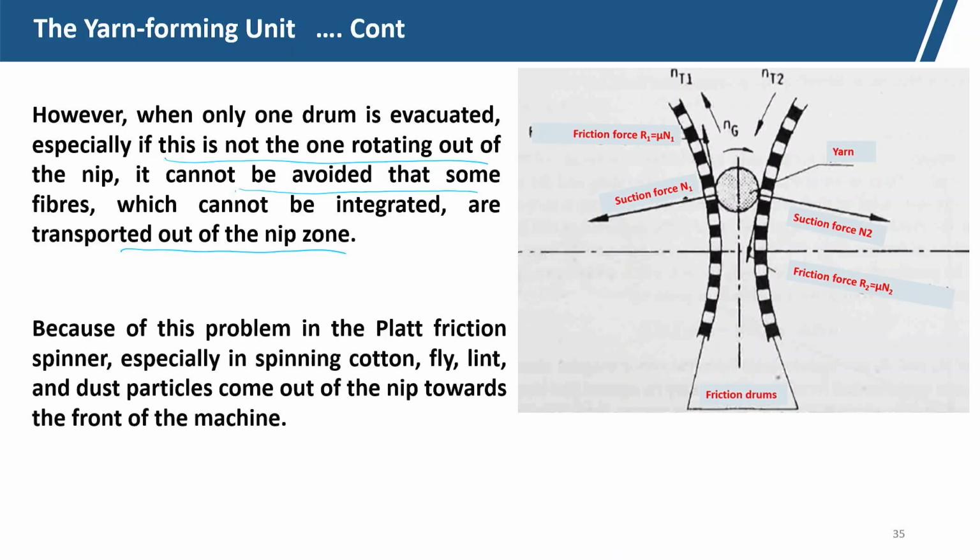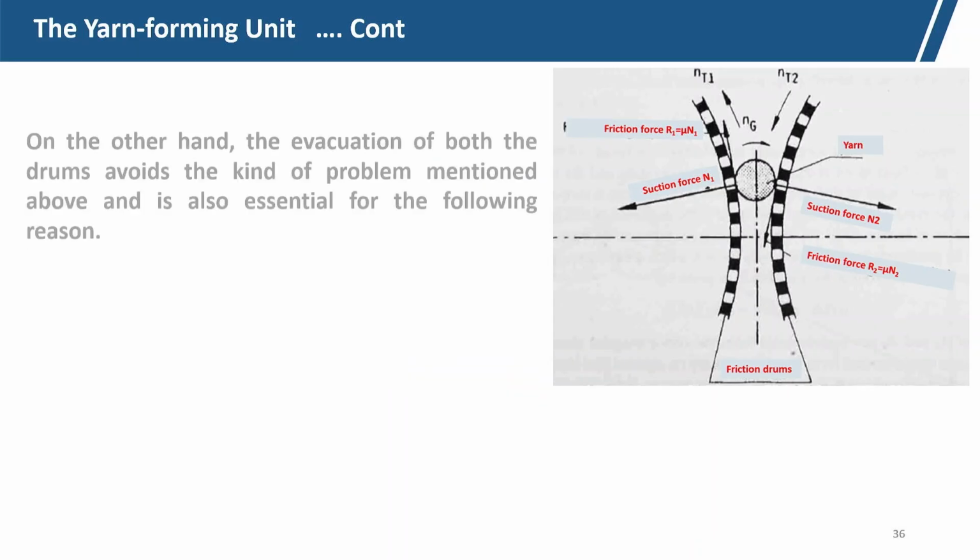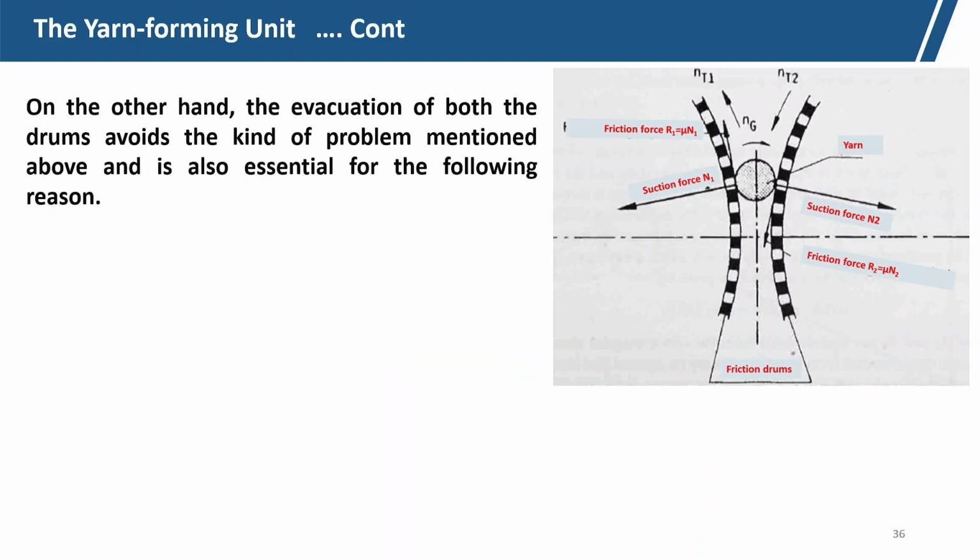Because of this option in Platt friction spinning, especially in the spinning of cotton, fly, lint and dust come out from the nip point. On the other hand, evacuation of both drums avoids this kind of problem. If we have suction in both drums, this type of problem does not exist.